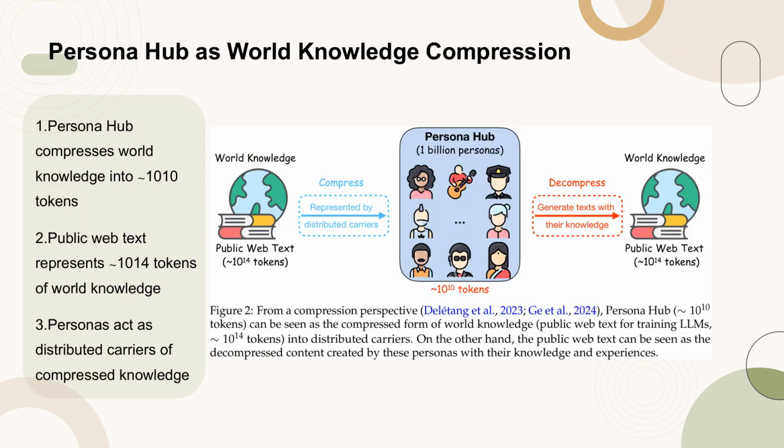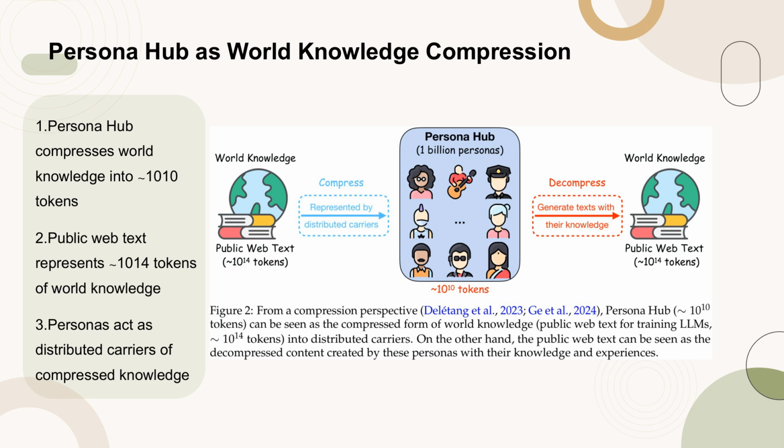Figure 2 illustrates the concept of Persona Hub as a compression mechanism for world knowledge. It shows that Persona Hub, containing approximately 10 billion tokens, can be viewed as a compressed form of the vast world knowledge available in public web text, which amounts to about 100 trillion tokens. This compression is achieved by representing the world knowledge through diverse personas, each carrying a unique perspective and set of experiences.